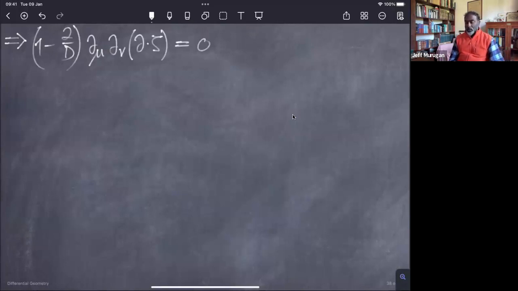So now we notice that d equal to 2 is special, but we knew that already, because if d is equal to 2, then the factor in brackets here vanishes. But if d is not equal to 2, then this equation is true if and only if d mu d nu of d dot zeta is 0. So this says that the second derivative of d dot zeta is 0, which means that d dot zeta must be a polynomial of degree 1.